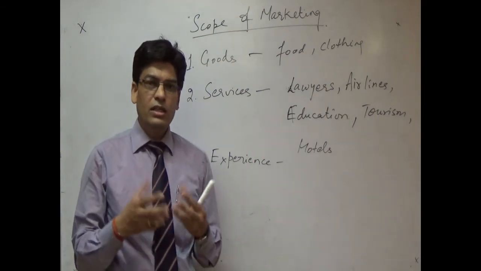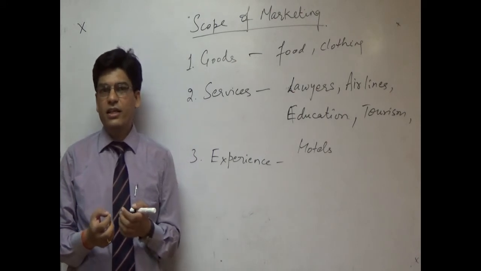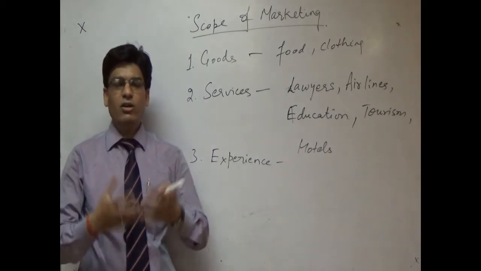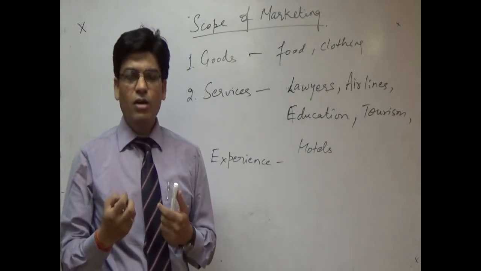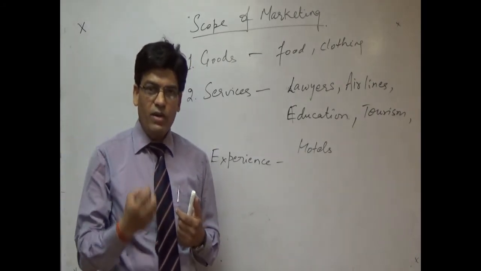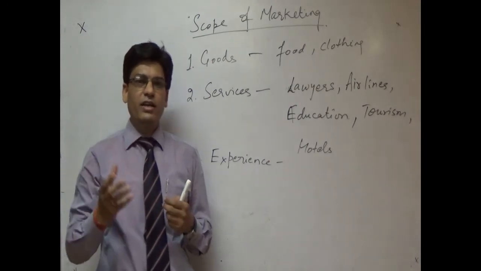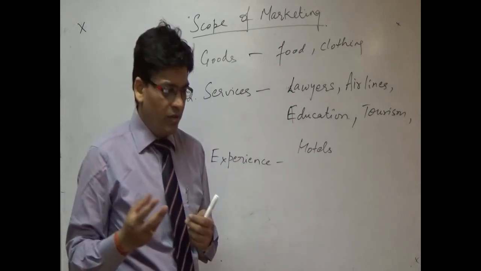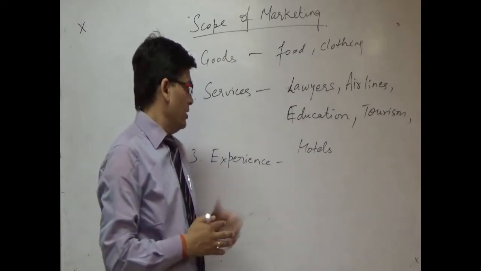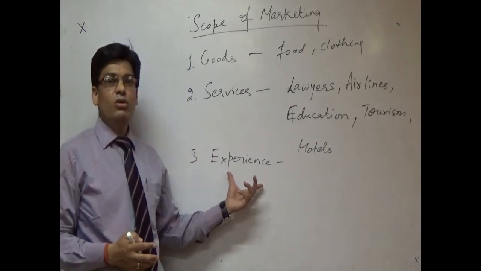We go to these types of places where we get an experience that we might not have gone through before. Going to a haunted house or an adventurous place, getting a totally different kind of experience and paying a good amount of money for that, people like to pay for them. So these experiences could also be marketed.